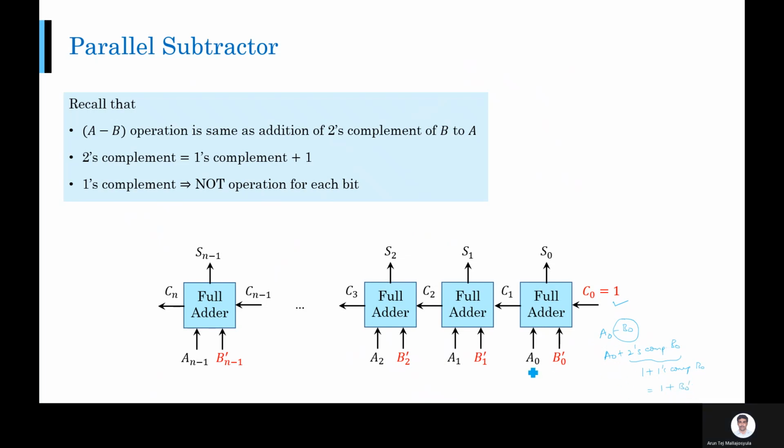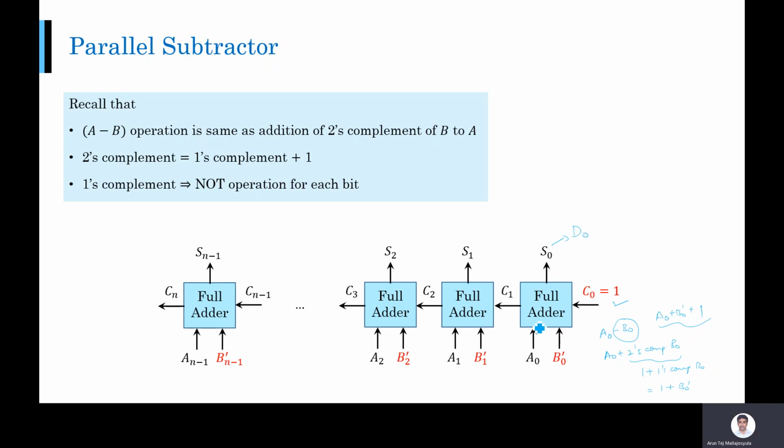So therefore, A0 minus B0 is A0 plus B0 dash plus 1, right? So I need to perform this addition. So I will use this A0, B0 dash with carry input of 1. Because I've already added 1, this subtraction is going to give me, in place of S0, the difference.